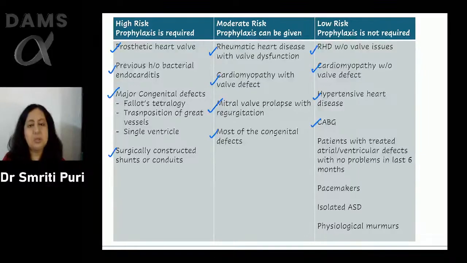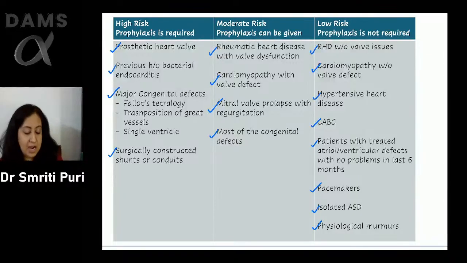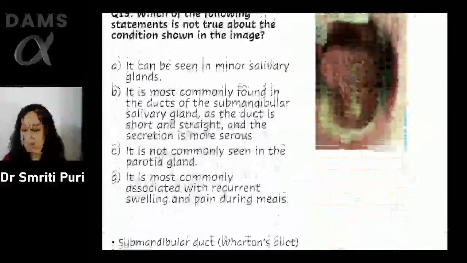That means if a patient has previously undergone a coronary artery bypass graft, patients with treated atrial or ventricular defects with no problems in the past 6 months, patients having pacemakers, patients having isolated atrial septal defects, and patients with physiological murmurs. And all the rest categories of patients, you do not need to give prophylaxis. You just need to remember column 1 and column 2. Rest all fall in the no prophylaxis required category. Okay, so please remember this chart, very important.